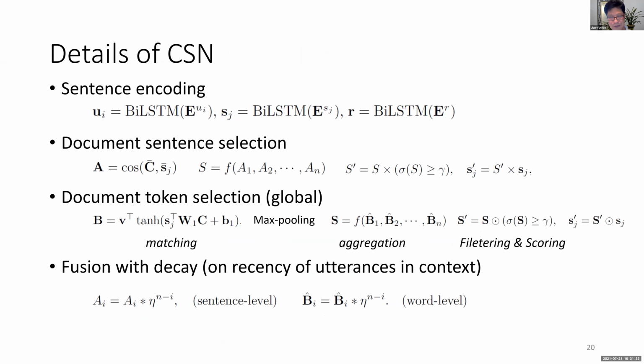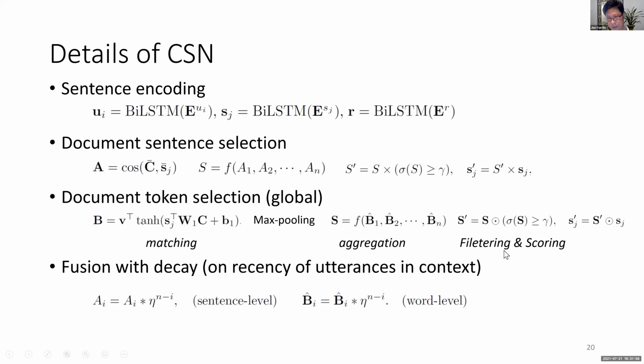I will not go into much detail about those formulas, which are quite standard. We have the basic encoding of sentences, and then we have the document sentence selection or the document token selection, as I said. Basically we have a matching and then an aggregation step. And finally, we have filtering and scoring.